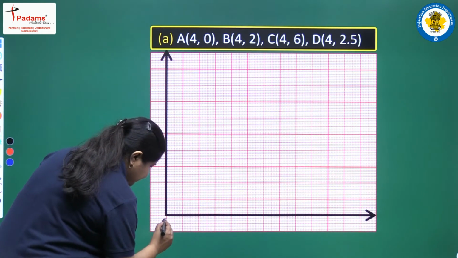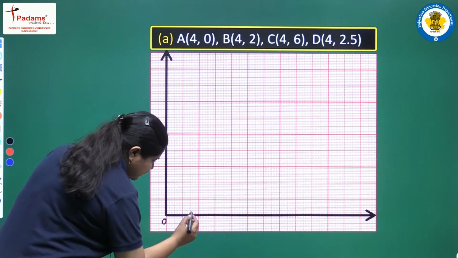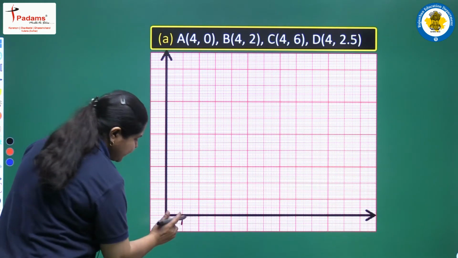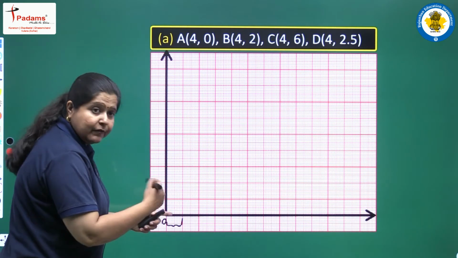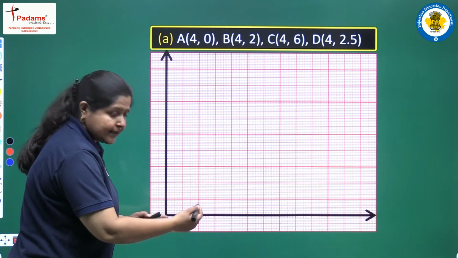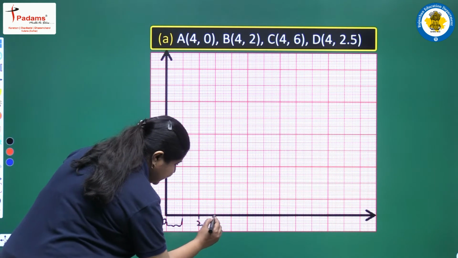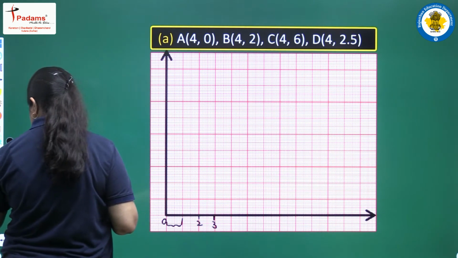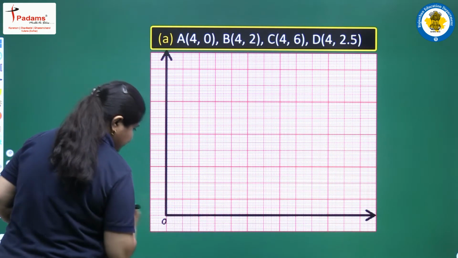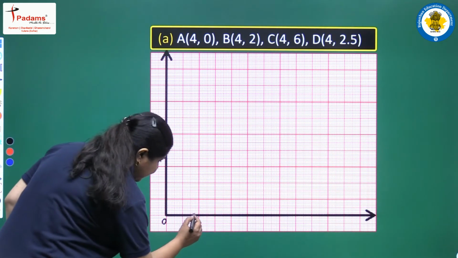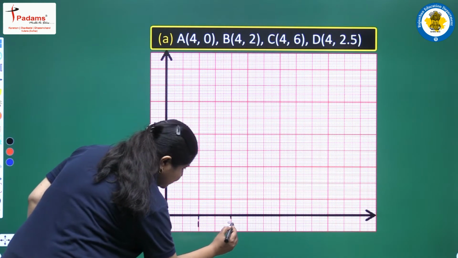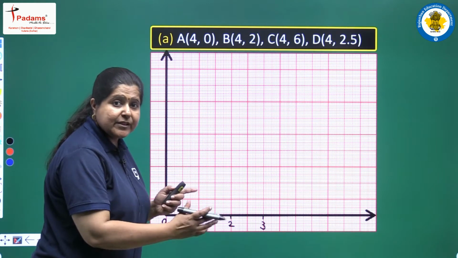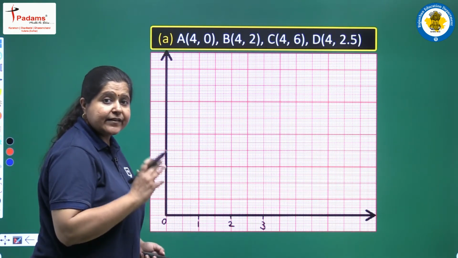For this we can take 0 here and we can mark the first value here at a distance of 1 single unit. ये होती है आपकी 1 single unit, तो आप 1 unit के gap पर अगली value ले सकते हैं. We can take 2 here, we can take 3 here, it is up to us, or we may take 2 units for one single value. We can take 1 here, we can take 2 here, we can take 3 here. So it is up to us. It depends on the space available to us and also the data that we are representing.